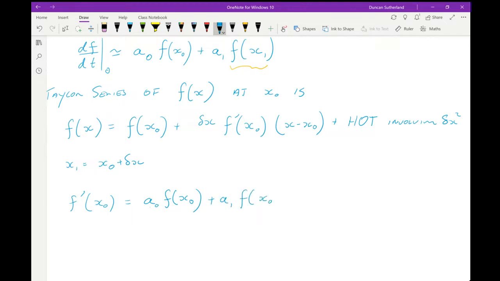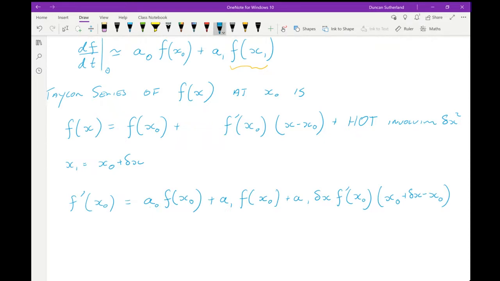So here I've substituted my Taylor series. x1 is x0 plus delta x minus x0, so that's going to be delta x.